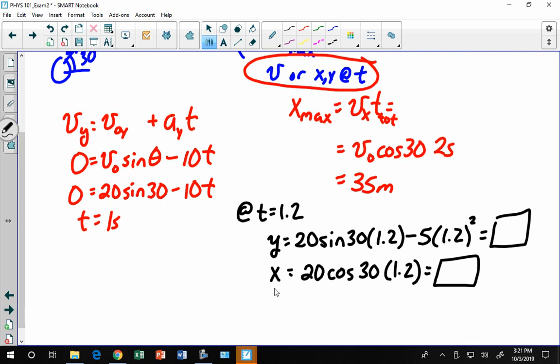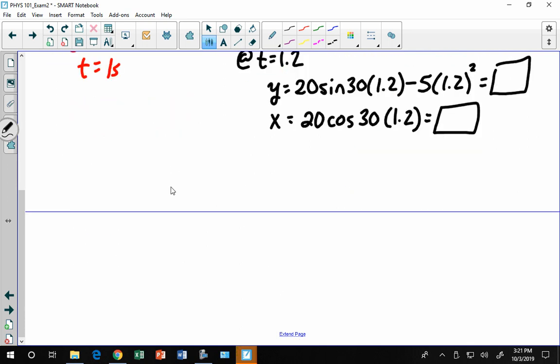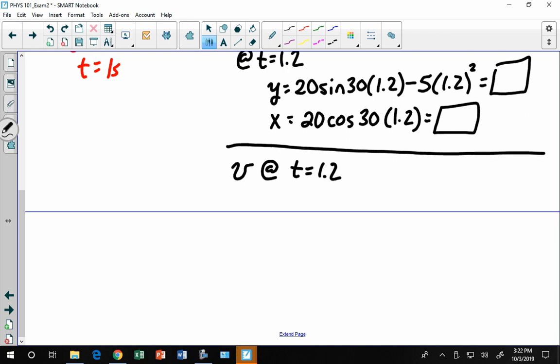Another question that I could ask you is what is the velocity at, say, t equal 1.2 seconds? That's a little bit more complicated, but a good question nonetheless. What is v at t equal 1.2? If you look back at the old test, you'll see some questions like this. It has two components. It has an x component, which is just 20 cosine of 30, so 17.